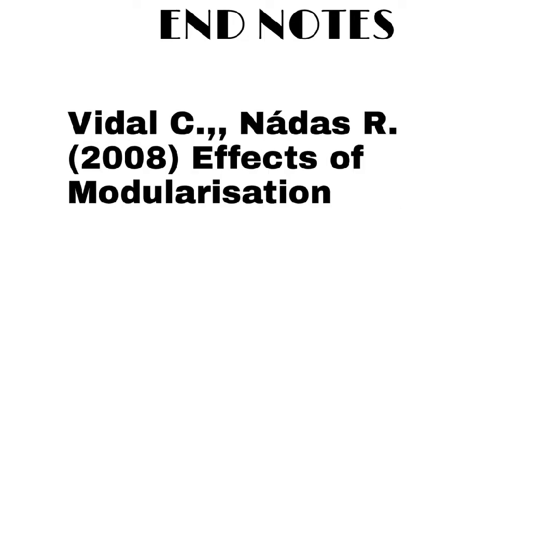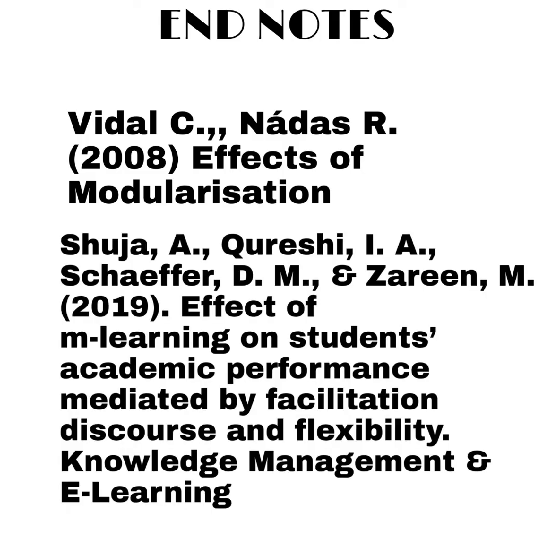The assessment of Vidal and Ladas in the year 2008 is The Effects of Modularization. Shuha, Qureshi, Schaffer, and Zarin published their work in the year 2019, The Effects of M-Learning on Students' Academic Performance mediated by facilitation, discourse, and flexibility.